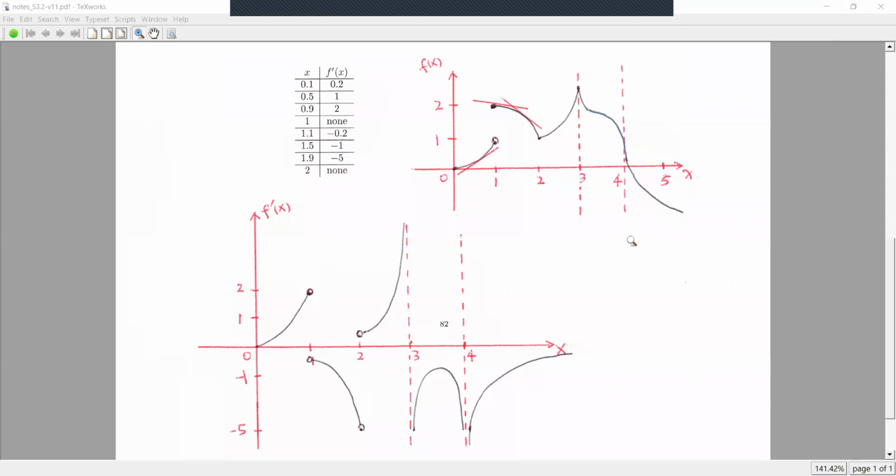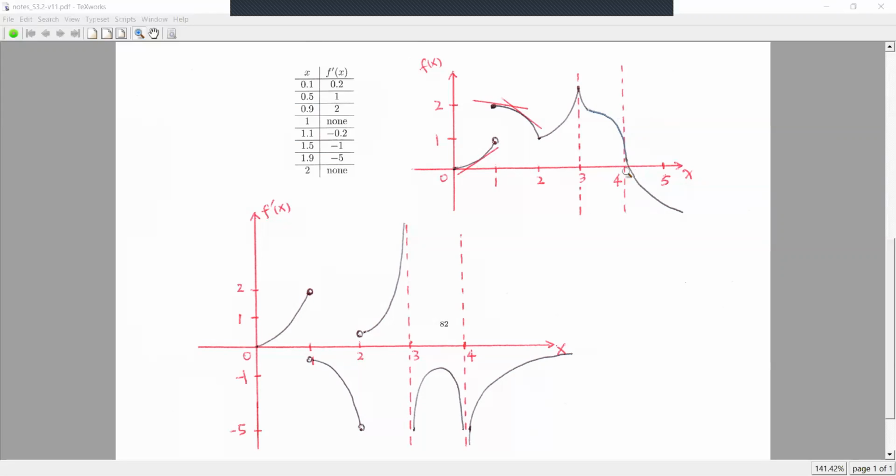At point 4, this vertical line is the tangent line to the graph of the function f. So at point 4, slope is infinity. When x is close to the point 4, tangent line is very, very steep. So slope is very, very large, but negative.